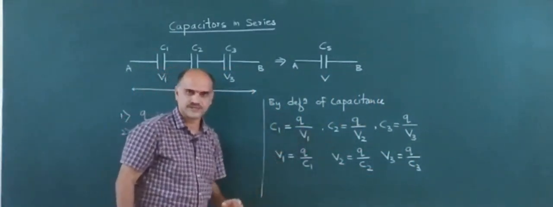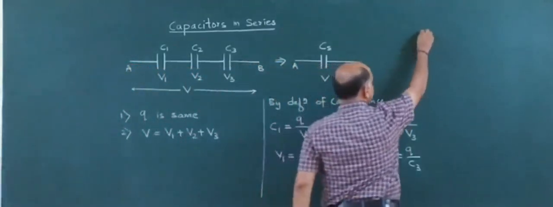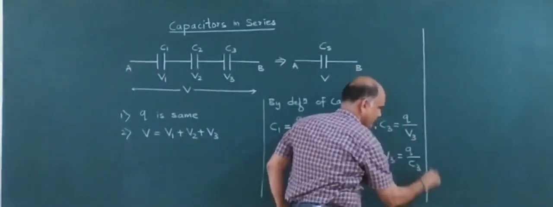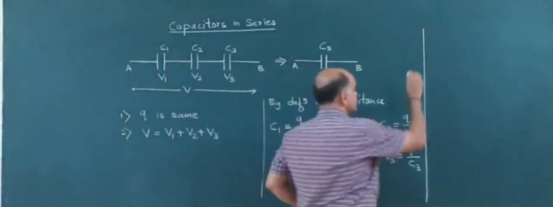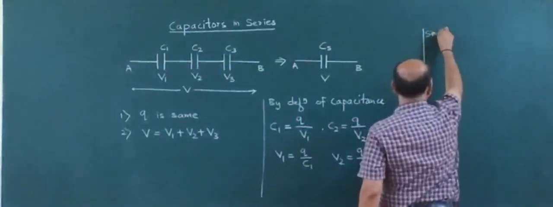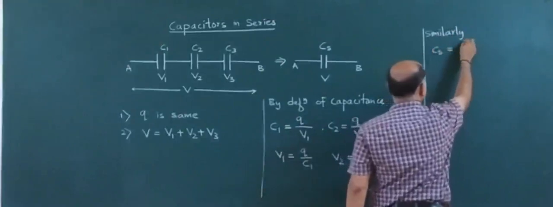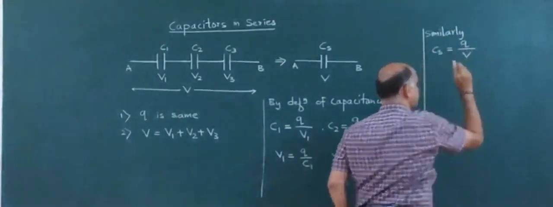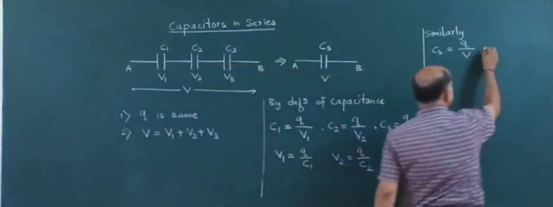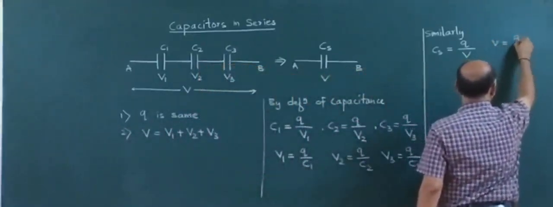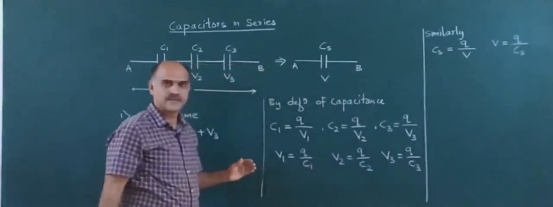Now, similarly, if I write it for CS, this equivalent capacitance, CS is equal to Q by V, or I can say V is equal to Q by CS.